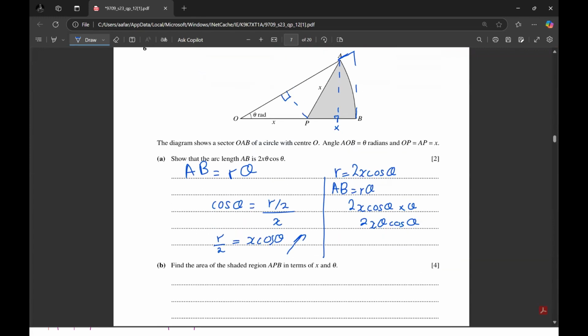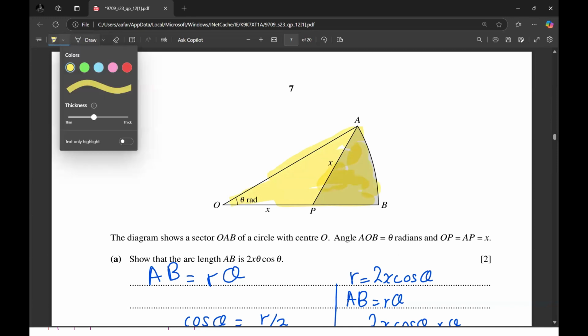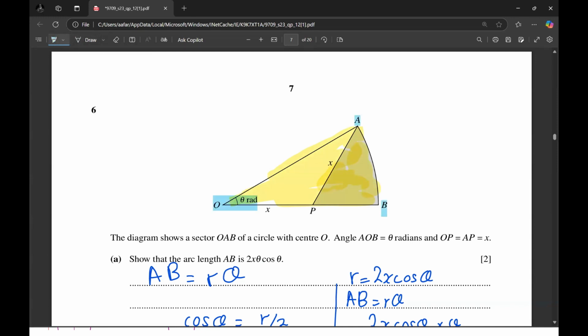Find the area of the shaded region APB in terms of x and theta. Okay, so we know that area APB is going to be basically the area of the whole arc, this area, and from this area, we can get APB by subtracting this area.